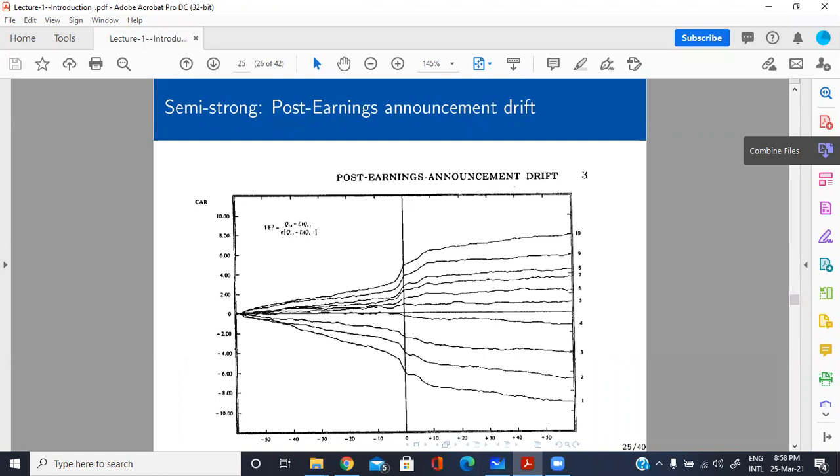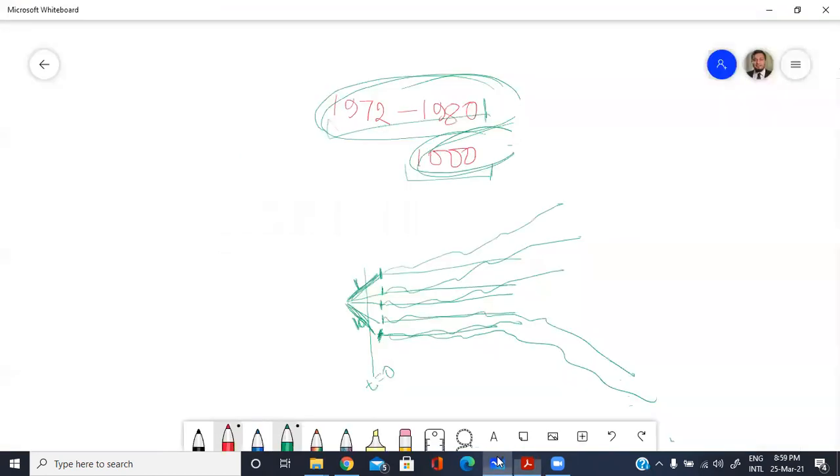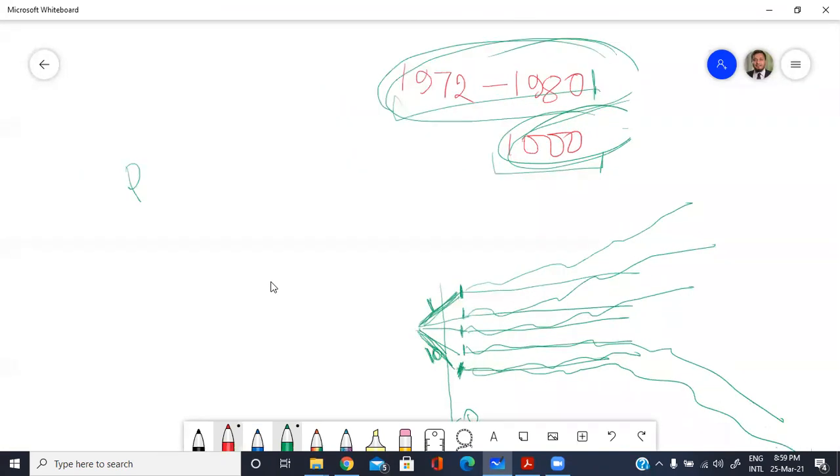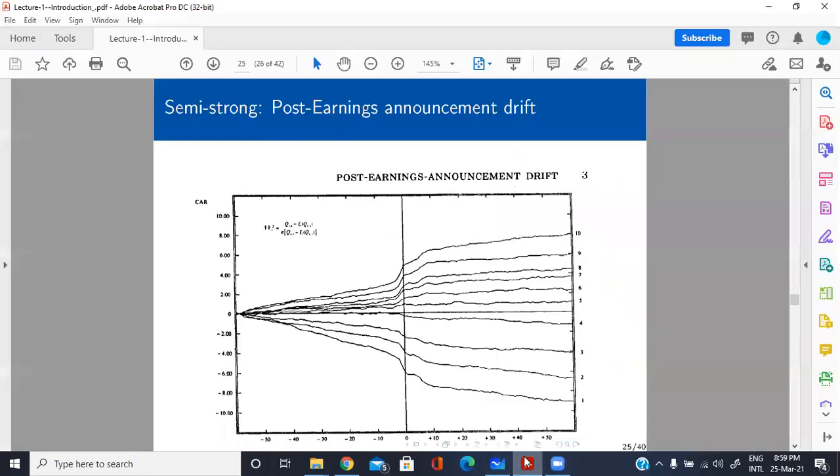So we have got the evidence that the earnings continue to drift upward, continue to drift downward for several months, and this is known as shortly PEAD, post earnings announcement drift. Okay, so it is evidence for what? It is evidence that market is not as efficient as expected.